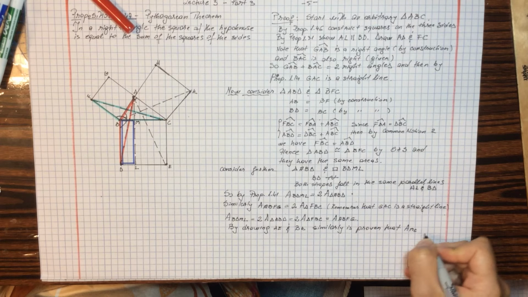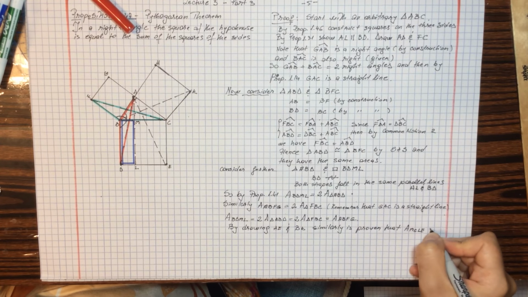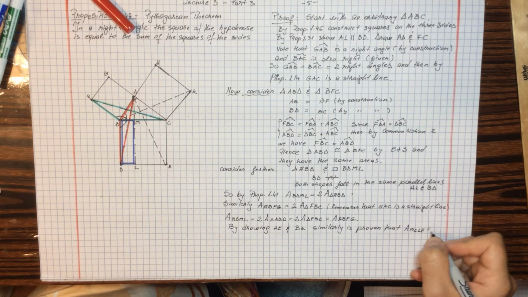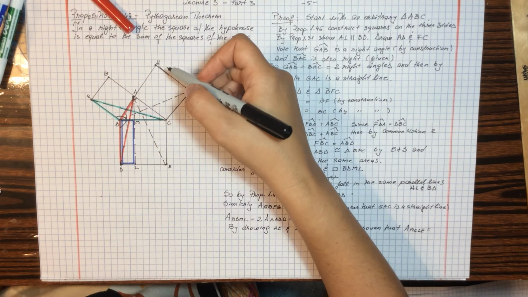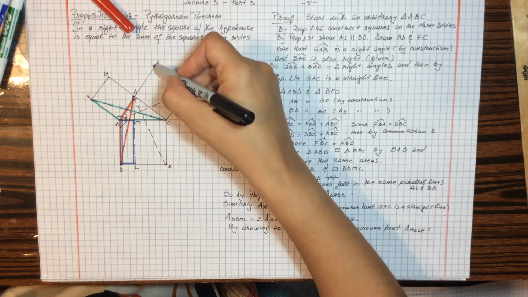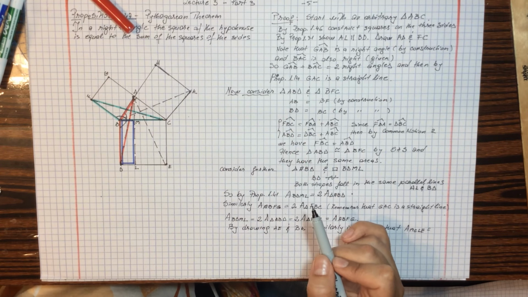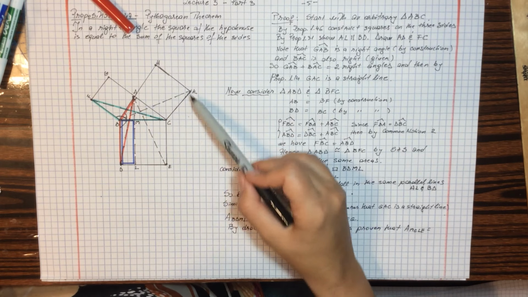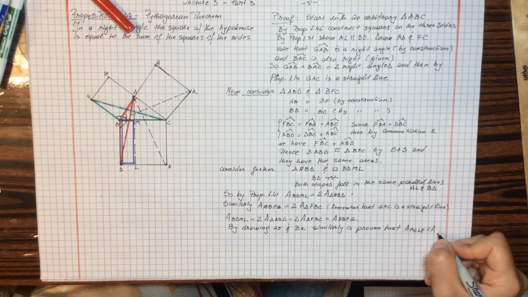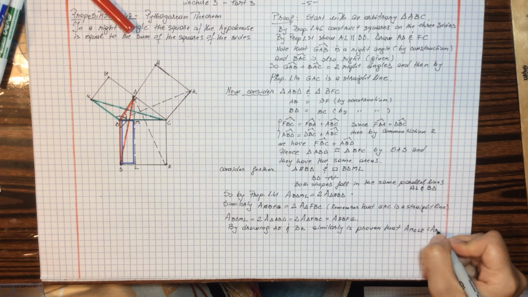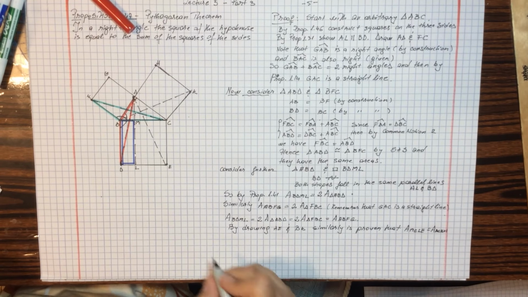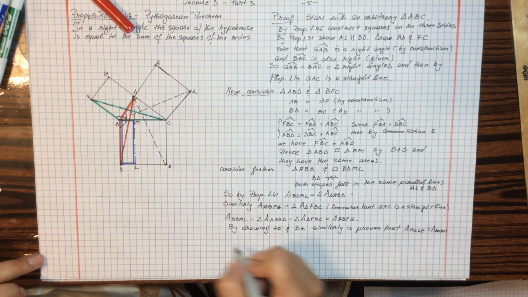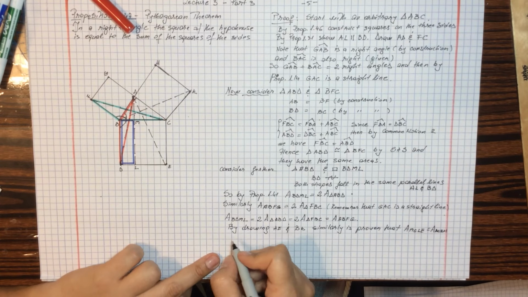Area of MCLE is equal to area of square ACKH. Okay, where does it get us? I'll try to write at the end.